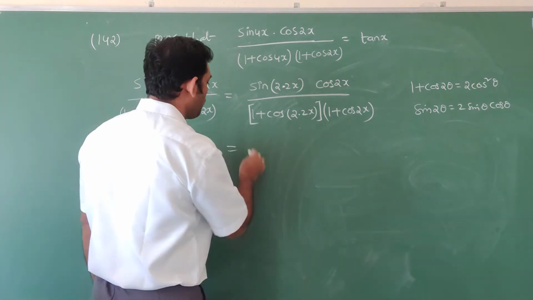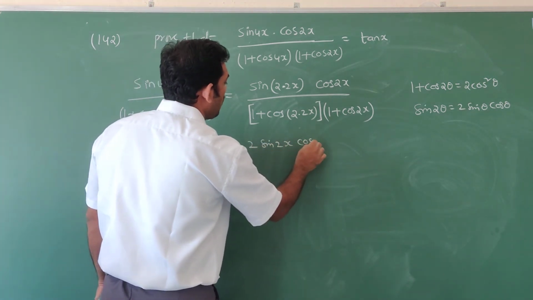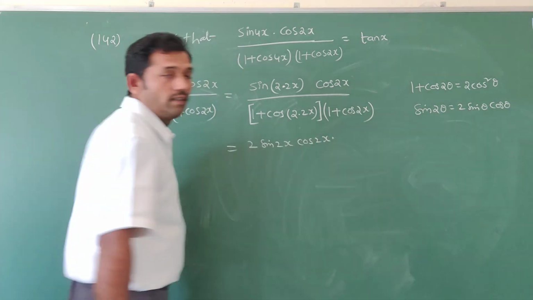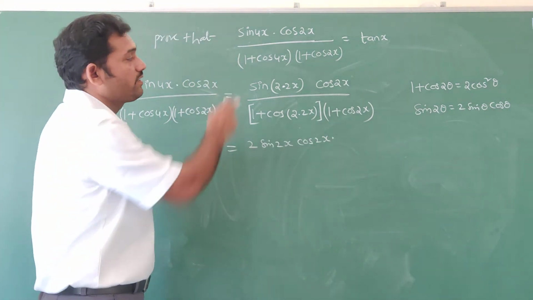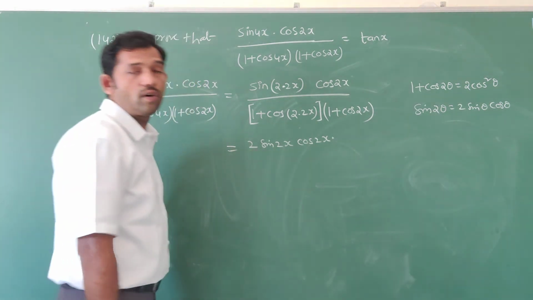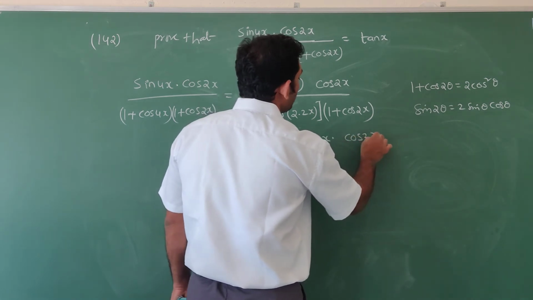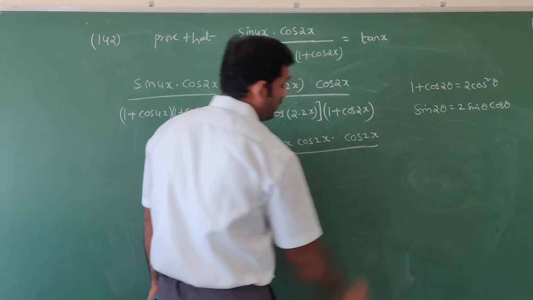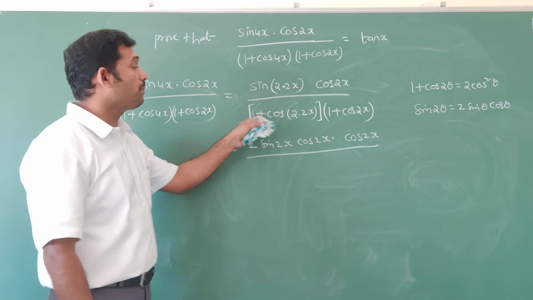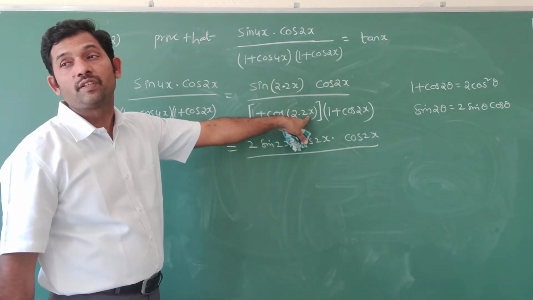So apply that formula: 2 sin 2x cos 2x into cos 2x as it is, divided by 1 plus cos 2 theta, where theta is 2x.